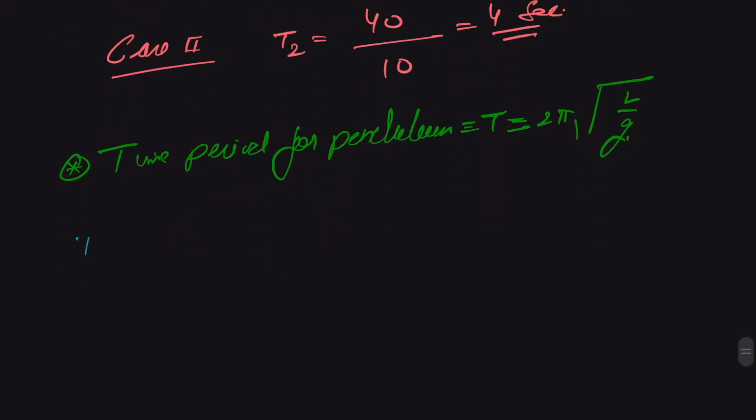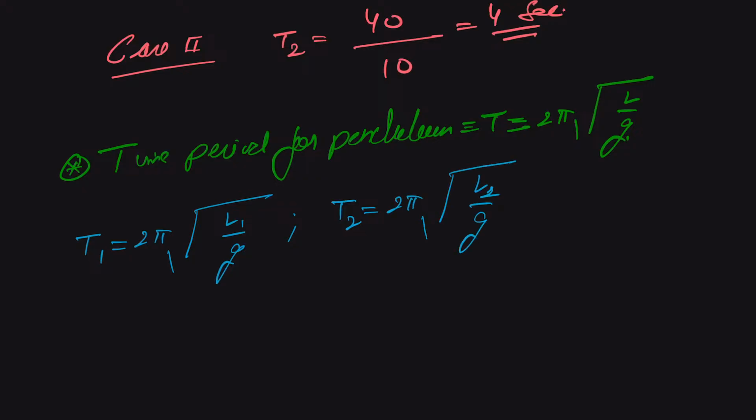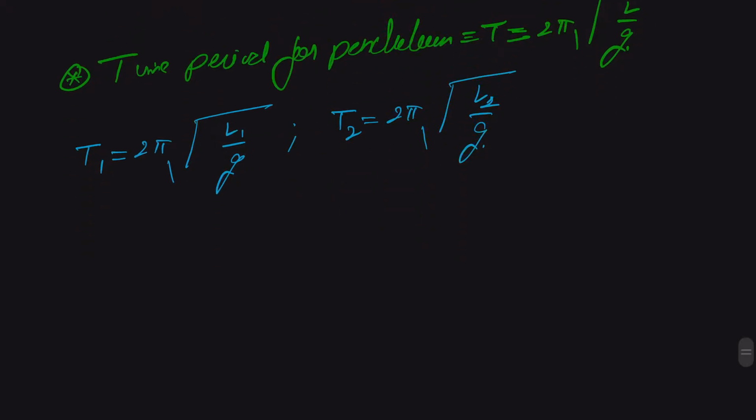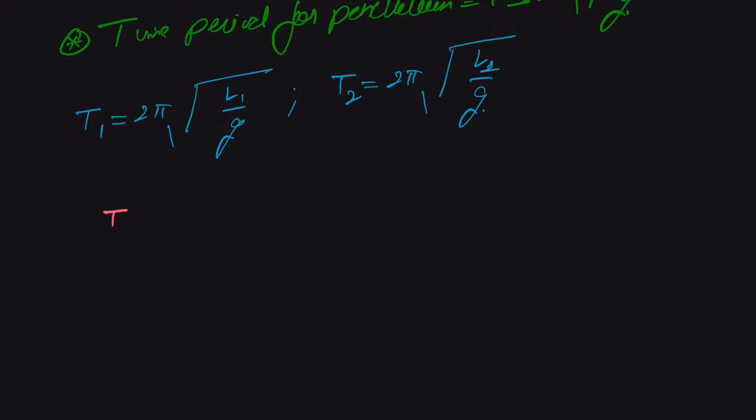So T1 is equal to 2 pi square root of L1 upon g, and T2 is equal to 2 pi square root of L2 upon g. Now we can take the ratio, and T2 upon T1 will be equal to square root of L2 upon L1.